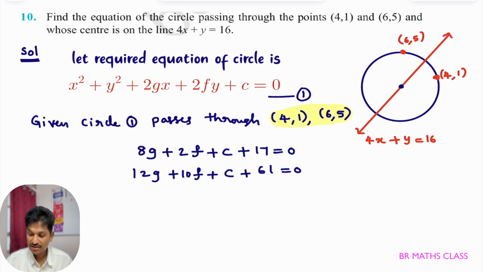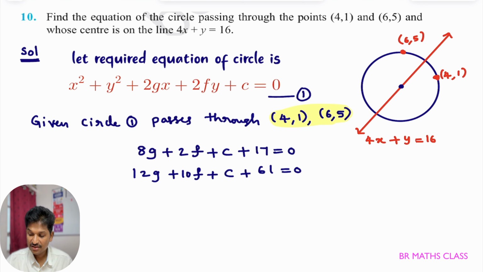I want to find g value, f value, c value. Three variables you need to find. Now we have three equations in terms of g, f, c. So by solving them, you can easily get the values of g, f, c. Now you take these equations like this. This is second equation, this is third equation, this is fourth equation.